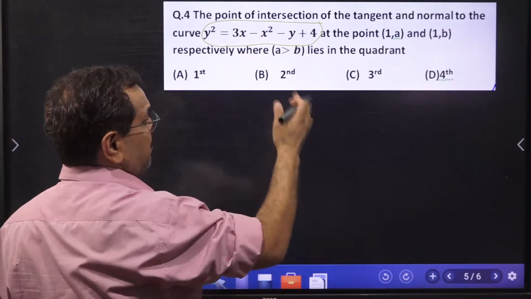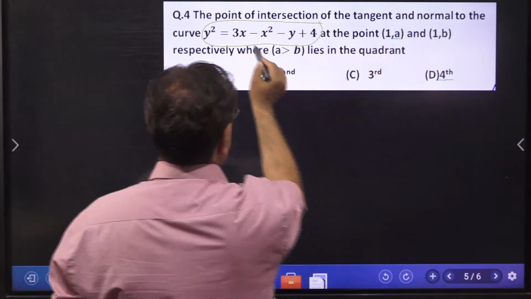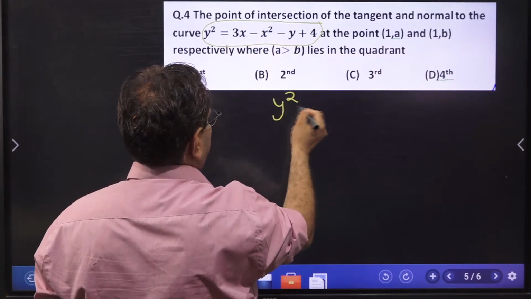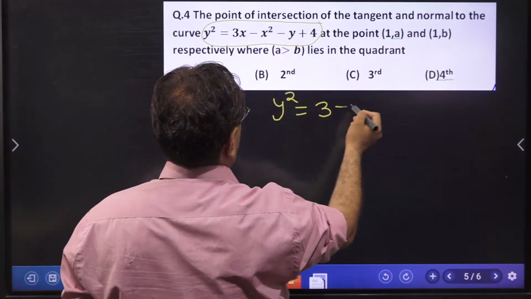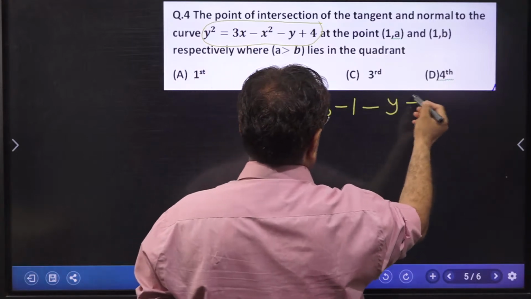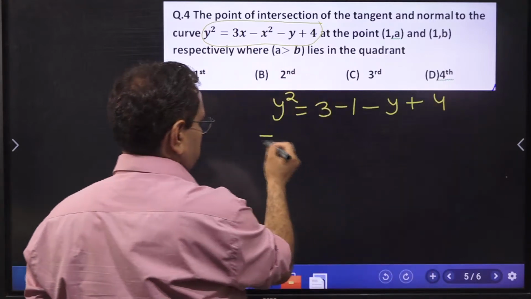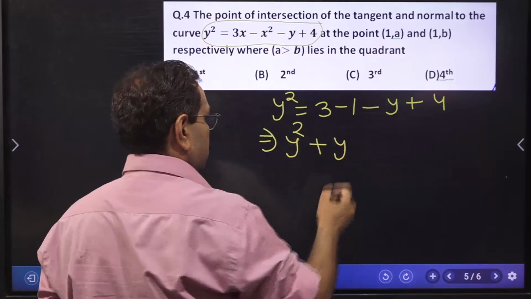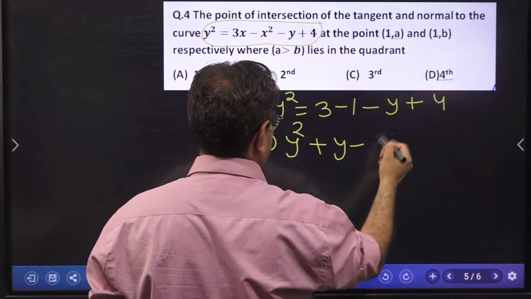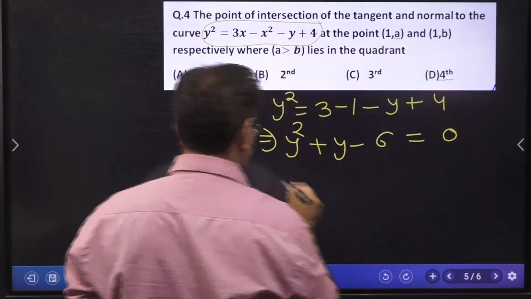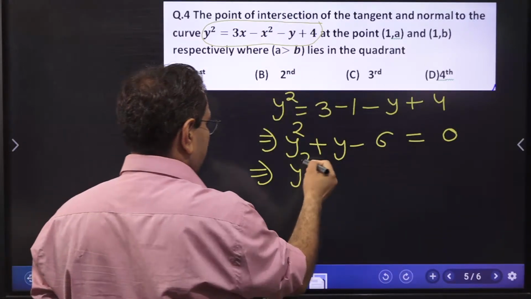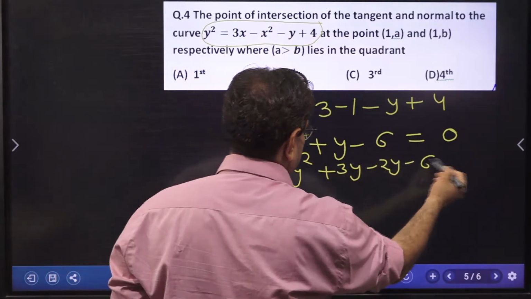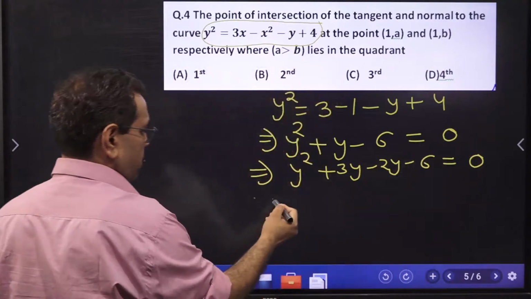In both cases, we have x coordinate equal to 1. So let us put x equal to 1 in this curve. So we get y square equal to 3 minus 1 minus y plus 4, which gives us y square plus y minus 6 equal to 0, which can be written as y square plus 3y minus 2y minus 6 equal to 0.